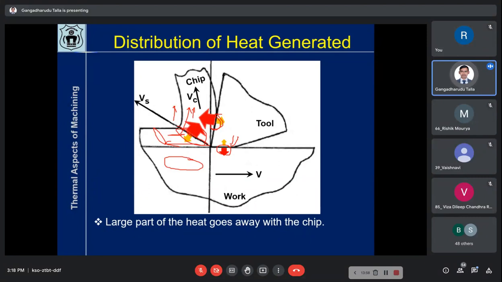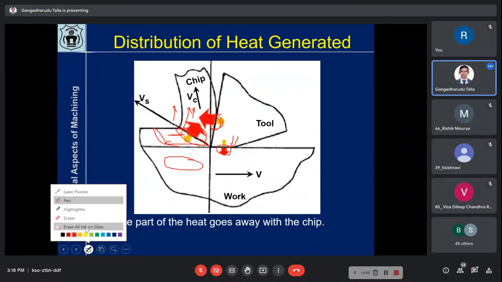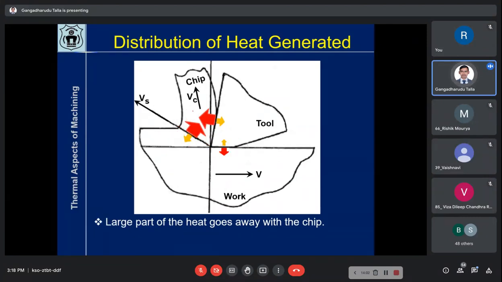And this is what we want in reality, because the chip is a waste portion. It is removed and thrown out, so it is scrap. If the chip is getting heated up and its properties are changing, that's fine. There is no problem for us.